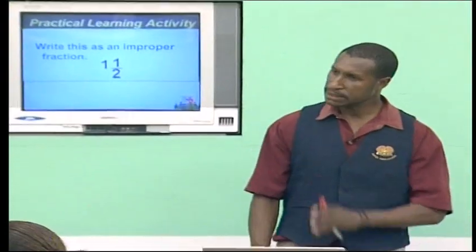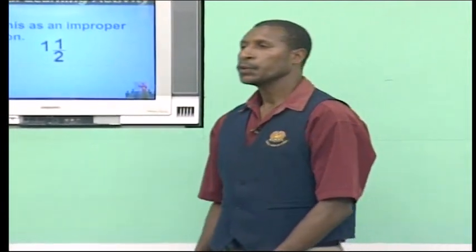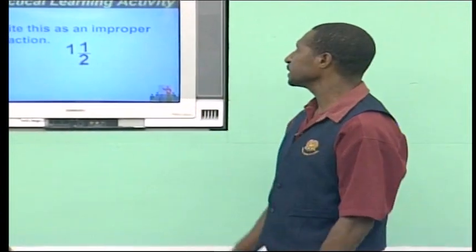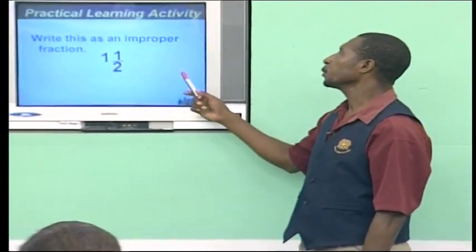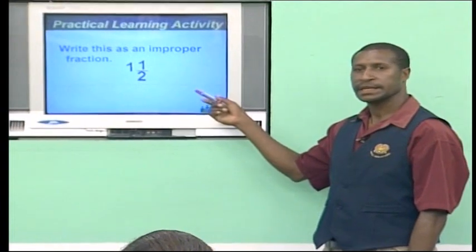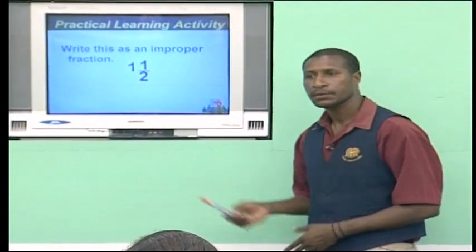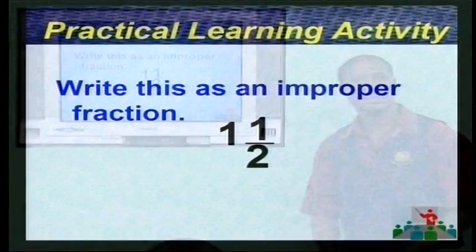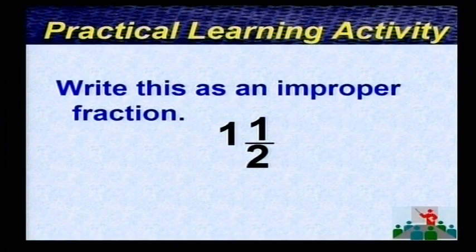We will go to our first practical learning activity, and that is, we will try to write this as an improper fraction. What fraction is given there? What special fraction? What do we call this fraction which is given on the screen? 1 and 1/2. What is the name? Okay, it is a mixed number.